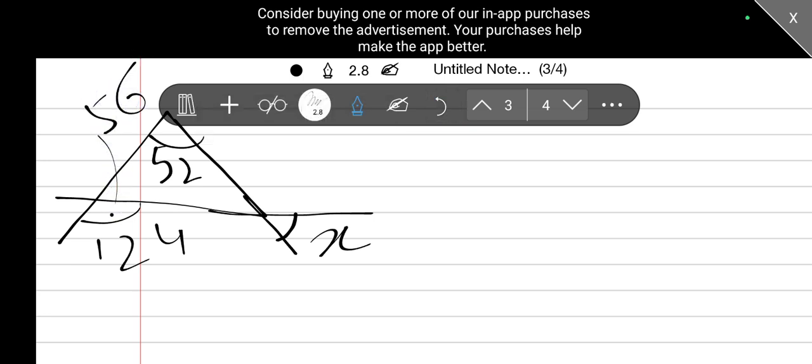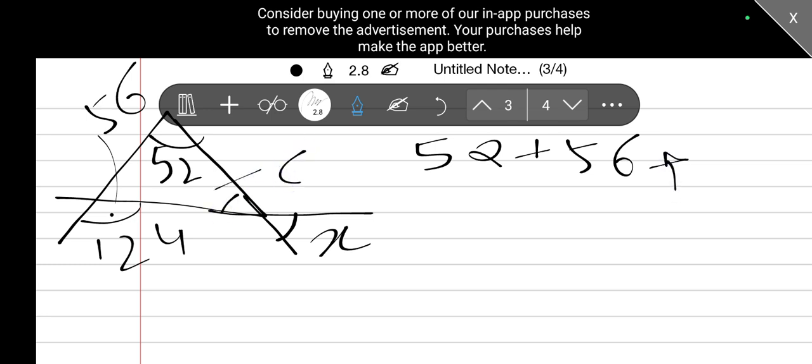So now we know that the three angles of a triangle will always be equal to 180 degrees. So we have one angle as 52, plus the next angle we got, 56. So the third angle, if you call it c, plus c will always be equal to 180 degrees.